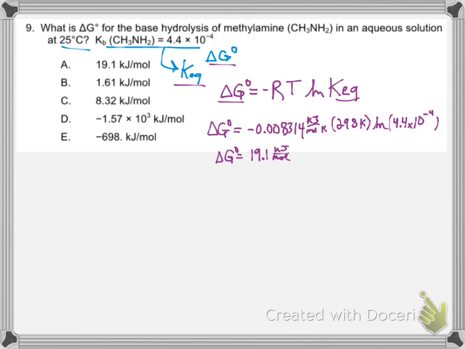Okay, so it's going to be choice A. And we would predict that with such a small K here, the reactants are most assuredly favored, and since they're favored, we would expect a positive delta G standard.